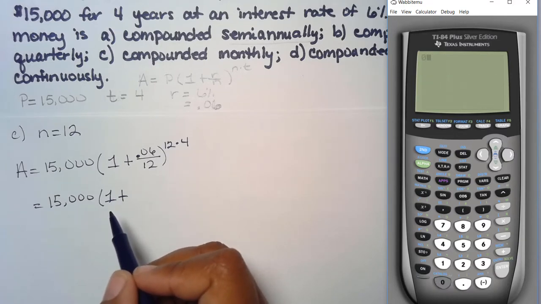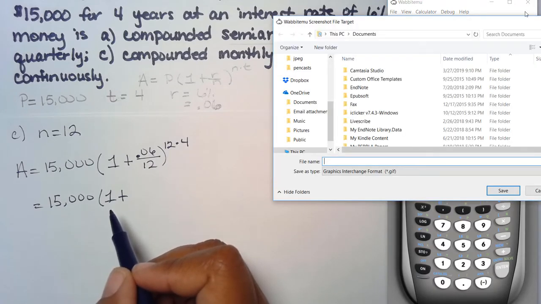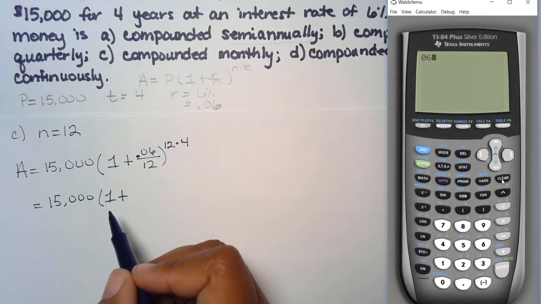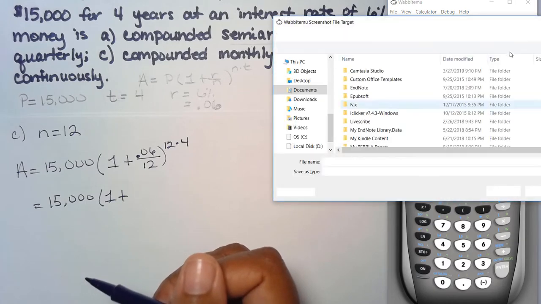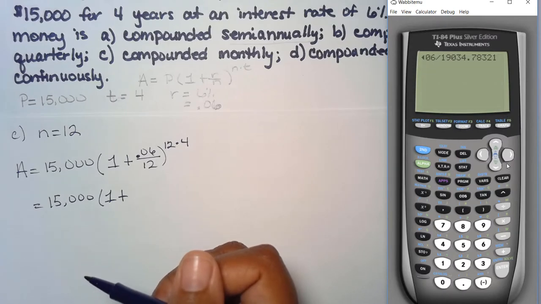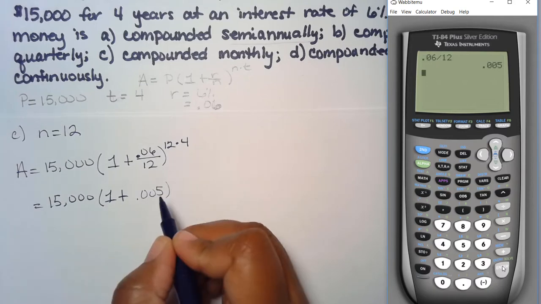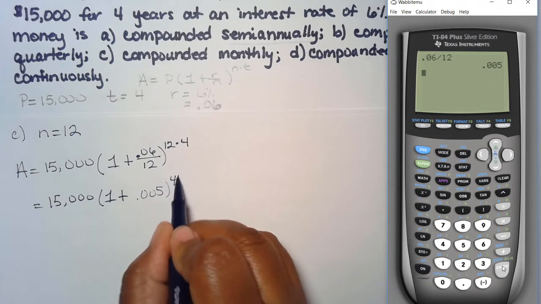And we have 0.06 divided by 12. We have 0.005, all raised to the 12 times 4, which is 48.